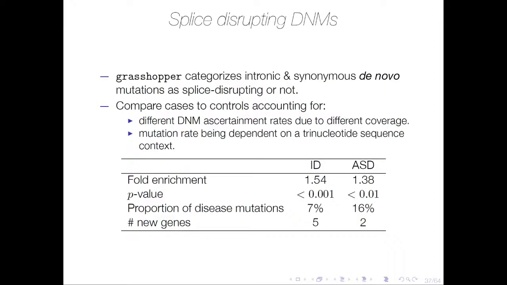So these are statistical tests that try to ask if there's a statistically significant enrichment in the number of mutations observed in a specific gene in the cases versus the controls. And that helps us to detect 5 additional genes associated with intellectual disability and 2 additional genes associated with autism.